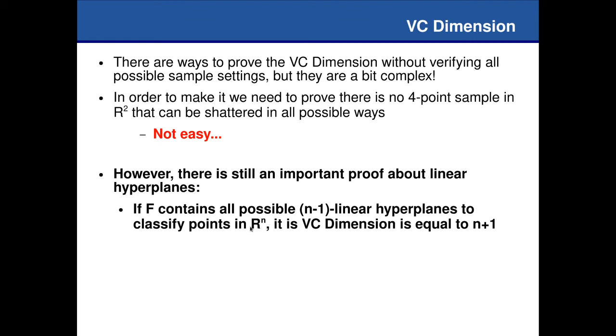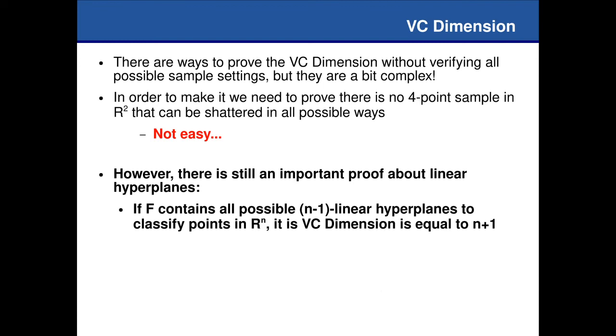So if I'm working in R5 with a single hyperplane, my hyperplane will have 4 dimensions, and my Vapnik-Chervonenkis dimension will be 5 plus 1. It will be 6. That means I can shatter, I can divide a sample of size 6 in every possible way, with a single hyperplane that divides my space into positive 1 and negative 1.